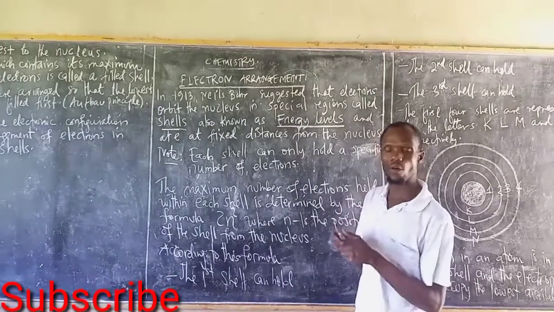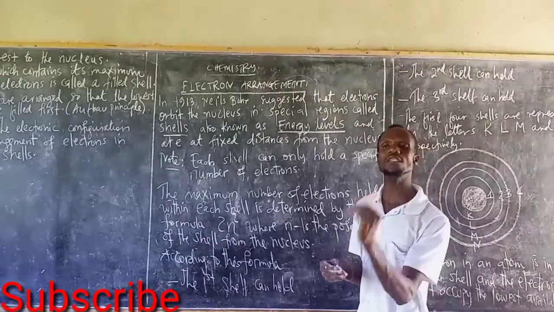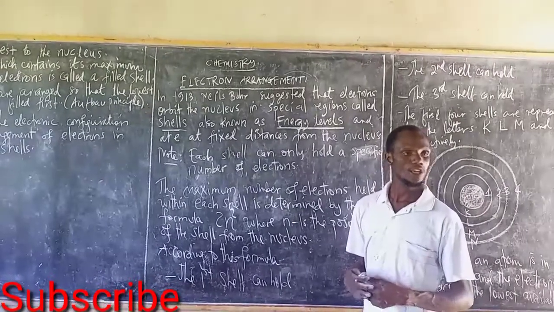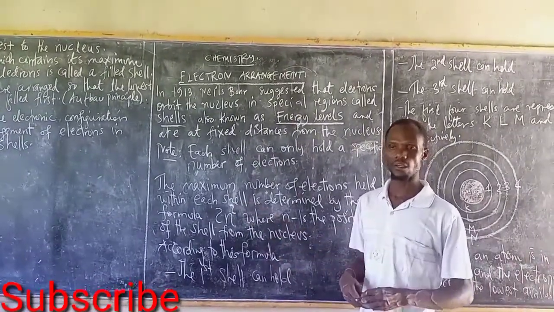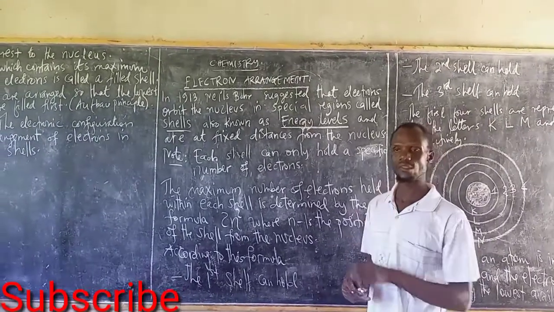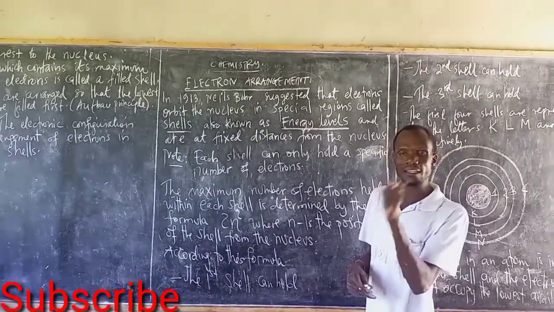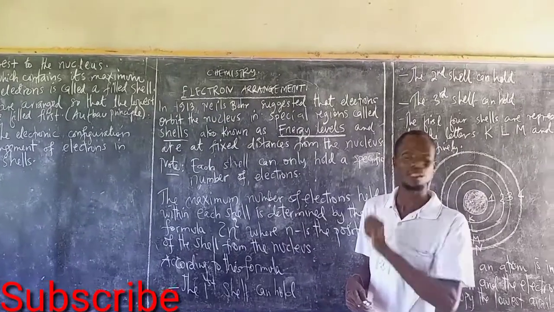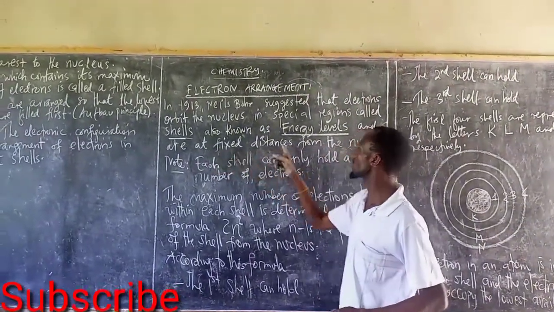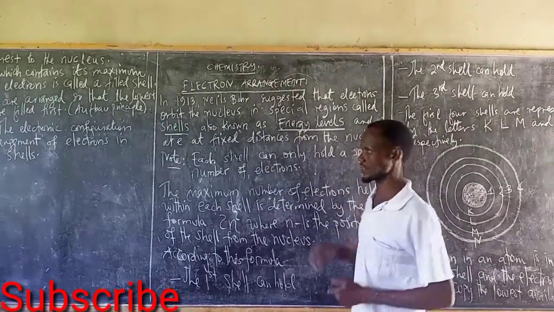And this energy level should be at a fixed distance from the nucleus. Not only a distance as you think, it is a specific distance, and that distance must be fixed. That is why shells are at fixed distances from the nucleus.